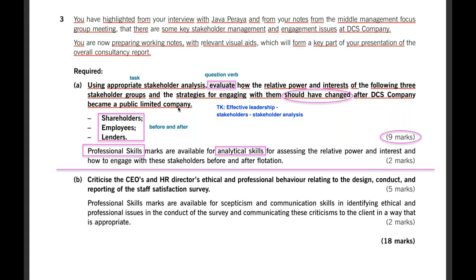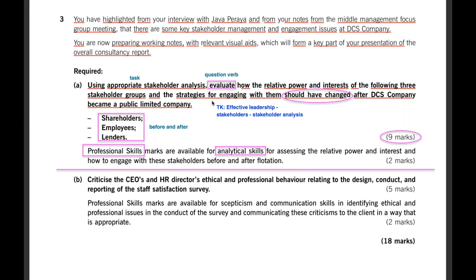All right. So when they say evaluate the power and interest and strategies for engaging with them should have changed after DCS company became a public limited company, automatically this tells you what? They were not a public limited company before this. All right.